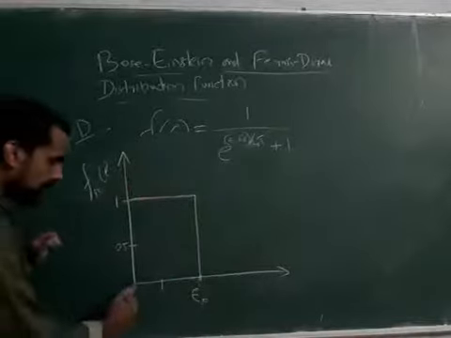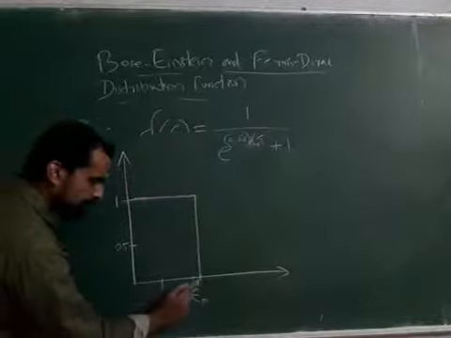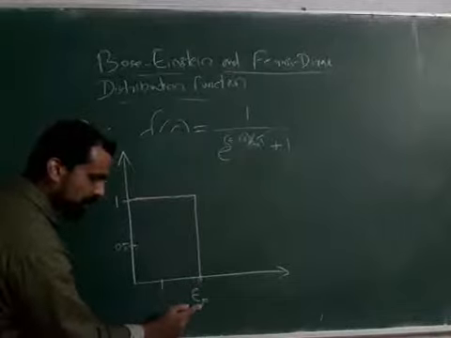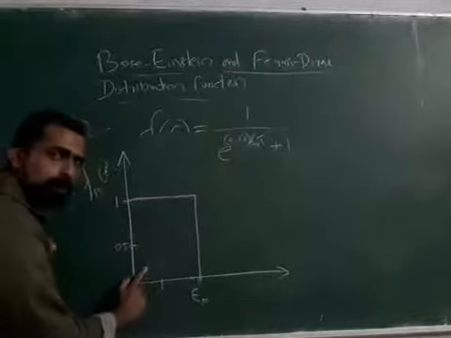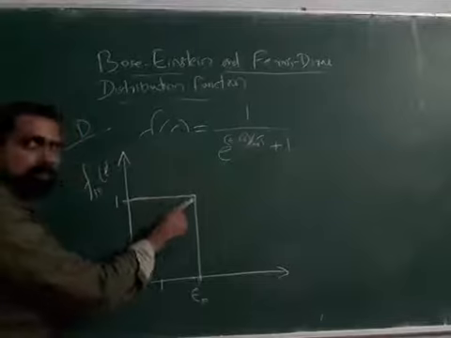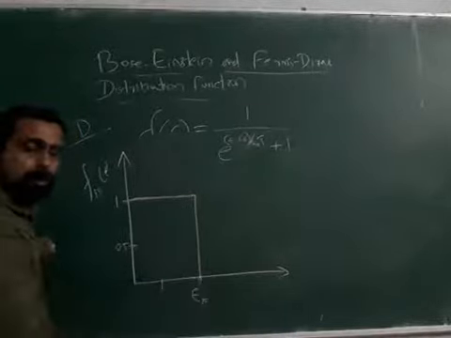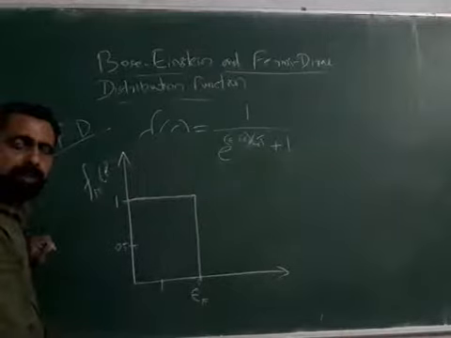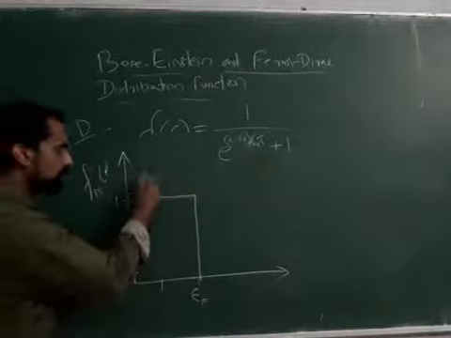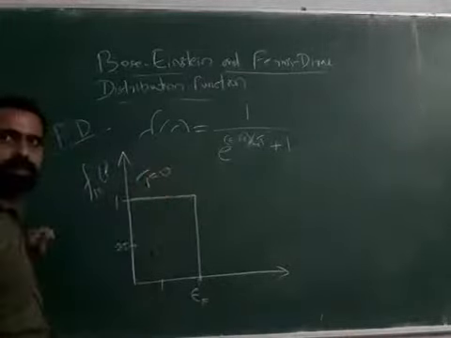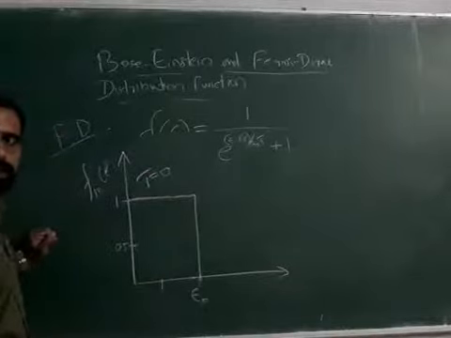That means up to the energy value epsilon F, that means up to the Fermi energy, you have the probability of 1. After that, nothing, 0 probability. You don't have any. So this is at T equal to 0, at absolute 0.